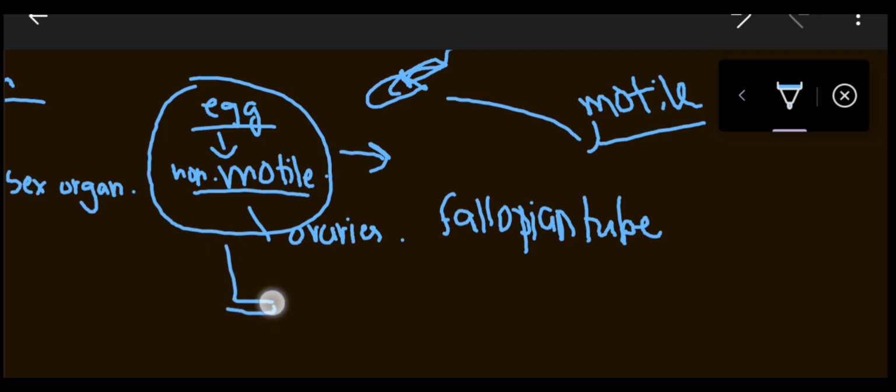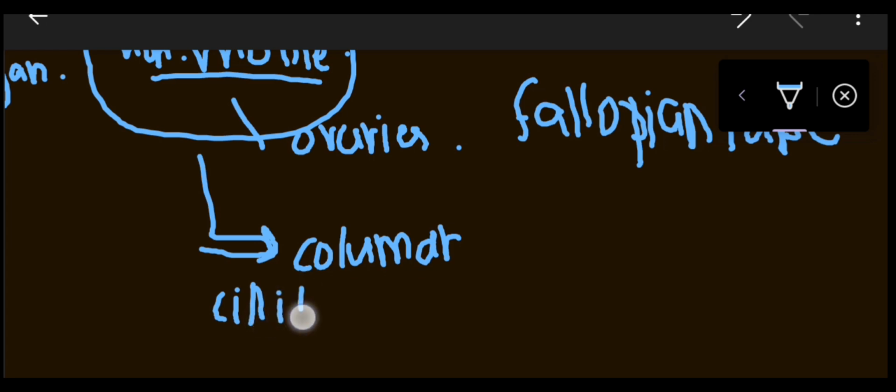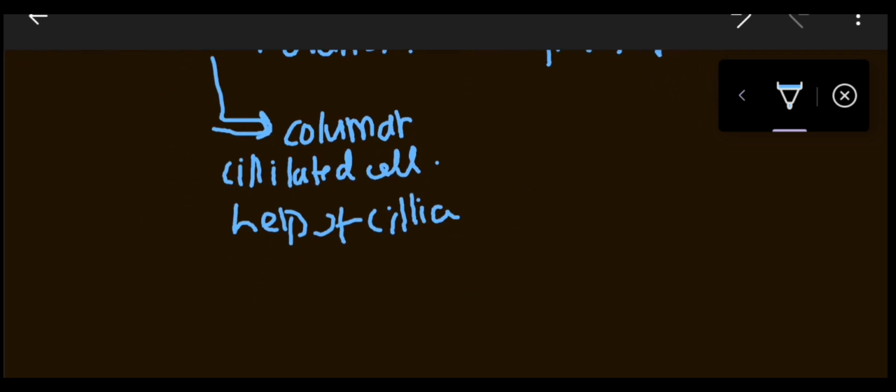So in the egg's path, some cells are present which are known as columnar ciliated cells, which help, with the help of cilia, the egg come into the fallopian tube.